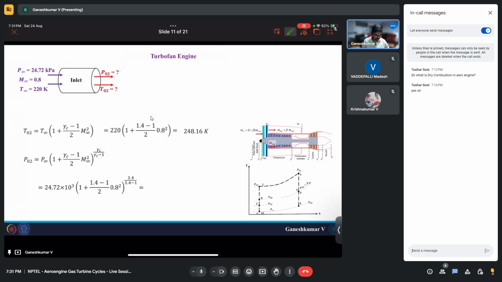So I'm just going forward with this, let's not waste much time on this. Across infinity to 2 there is a pressure rise, and this pressure rise would be something like 37.682 kilopascal. So from 24.72 kilopascal it has increased to 37.682 kilopascal.